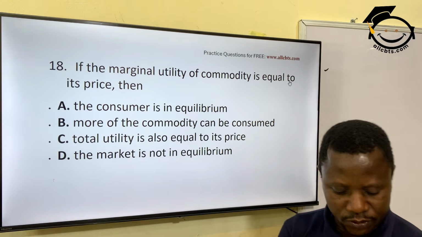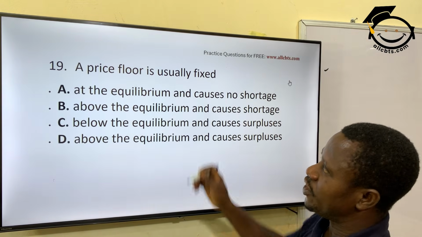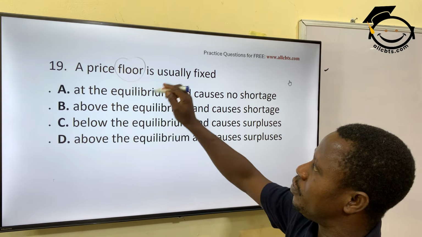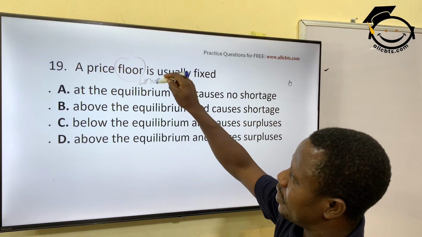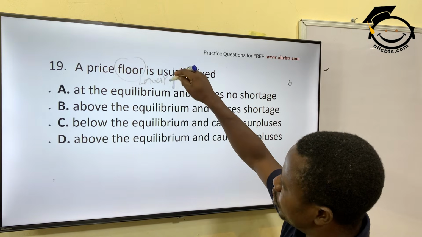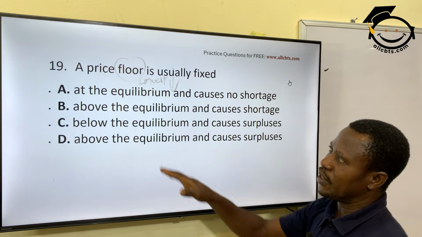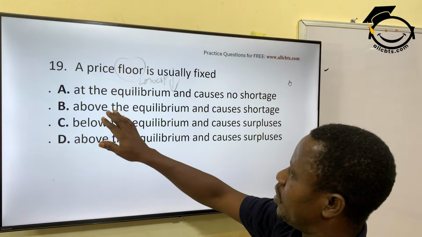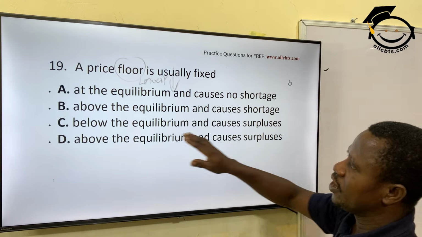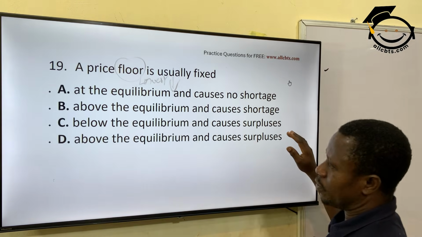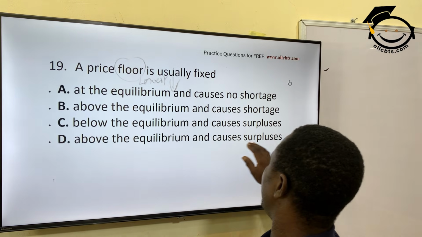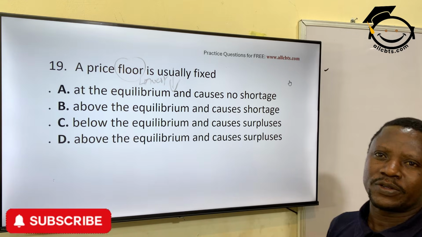Okay? The next question. A price floor. We have done something like that. What is a price floor? It means the lowest price, bringing down the price. A price floor, the lowest price, usually fixes at equilibrium and causes no shortage, above equilibrium and causes shortage, below equilibrium and causes surplus.